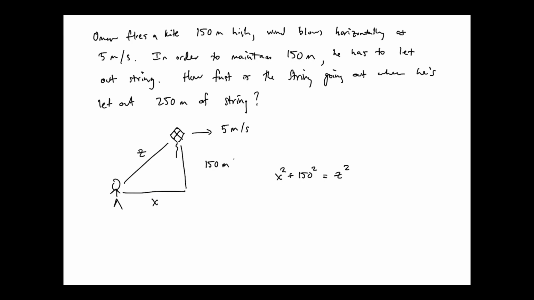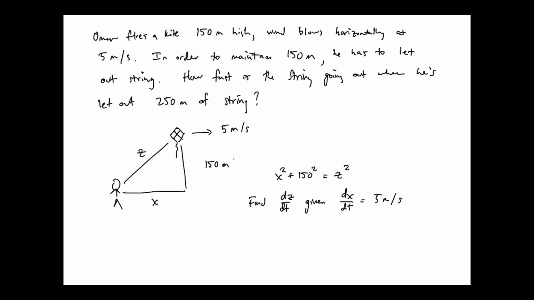And then we need to start taking derivatives of this, right? Because what are we interested in finding? We want to find dz/dt given what's dx/dt? Well, how fast is the kite flying away from us? Yeah, the 5 meters per second, right?